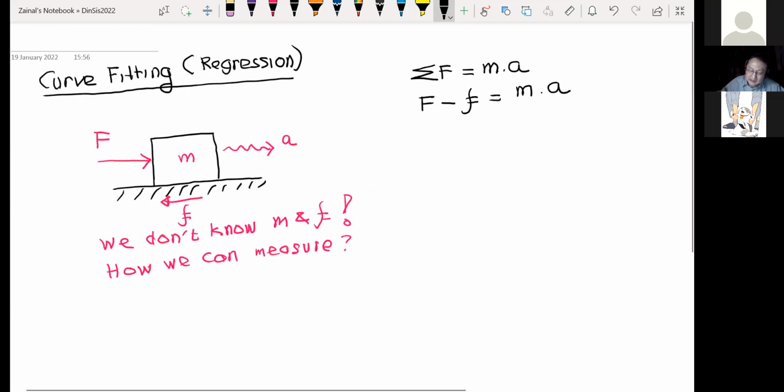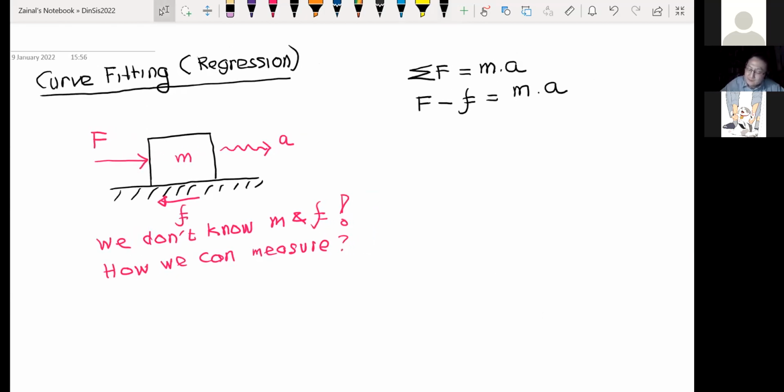For M equal to 2 kilogram and F equal to 1 Newton, right?